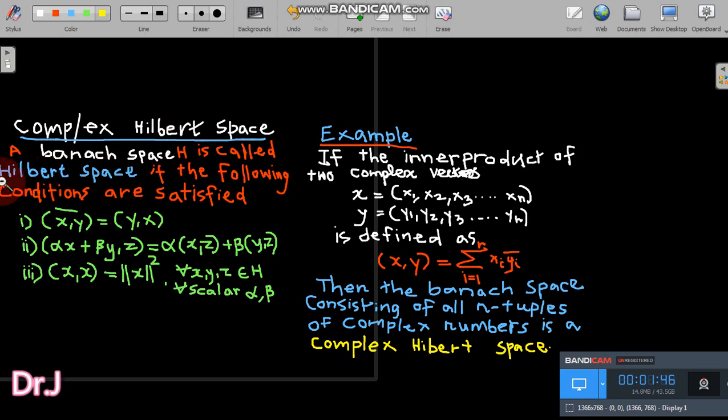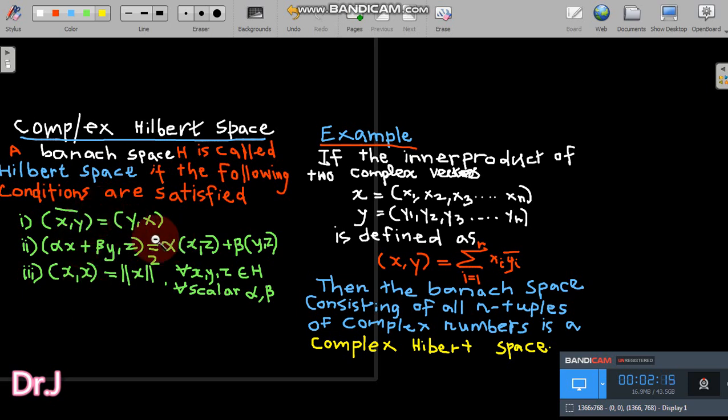This Banach space is called a Hilbert space if it satisfies these three conditions. Then we say that the Banach space is called a Hilbert space. Yes, a new name we are giving there. What are the three conditions?